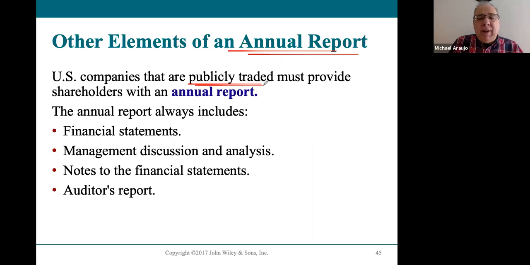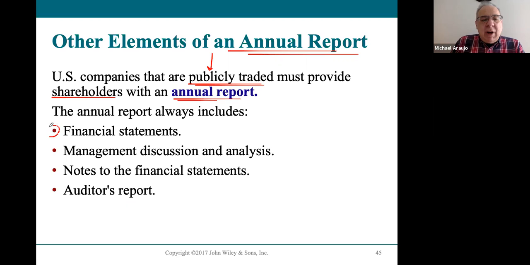But because they are publicly traded corporations, there are rules set by the government through the SEC that they have to keep the financial information flowing to the public, to everyone who can be an owner. So the annual report requires a few pieces of information that need to be disclosed to their owners, but it's also available for anyone in the public to look at.